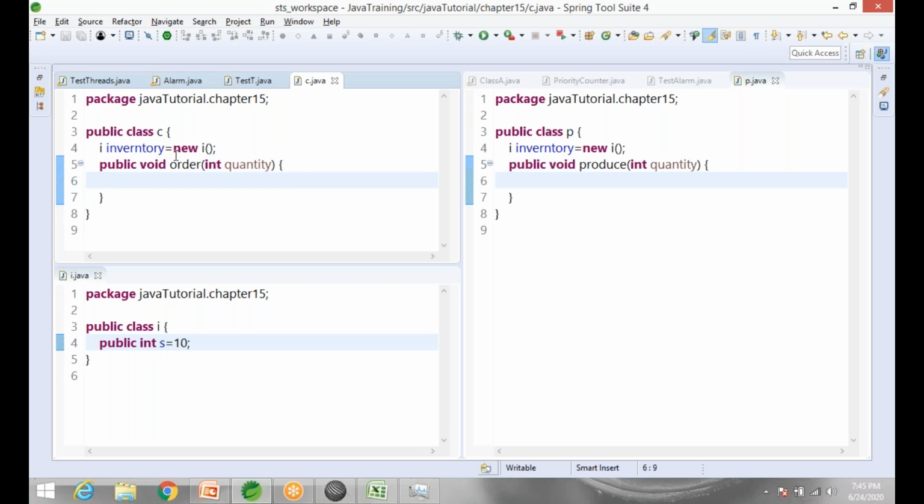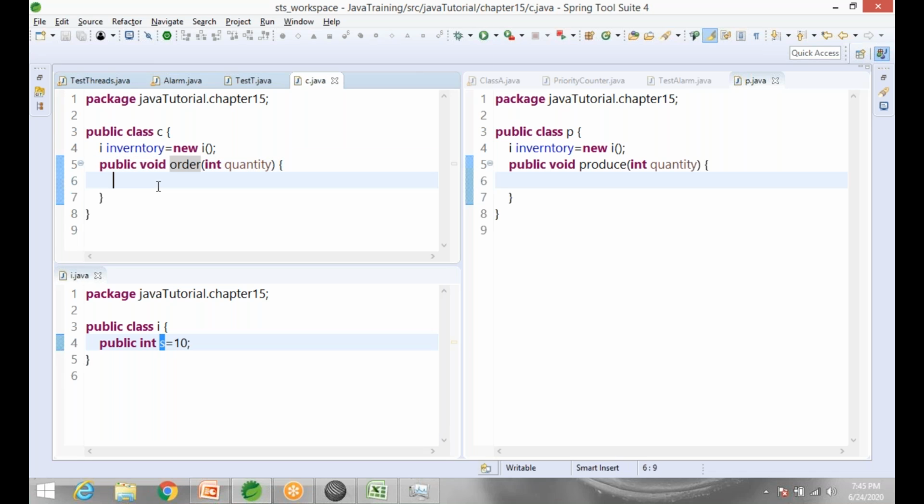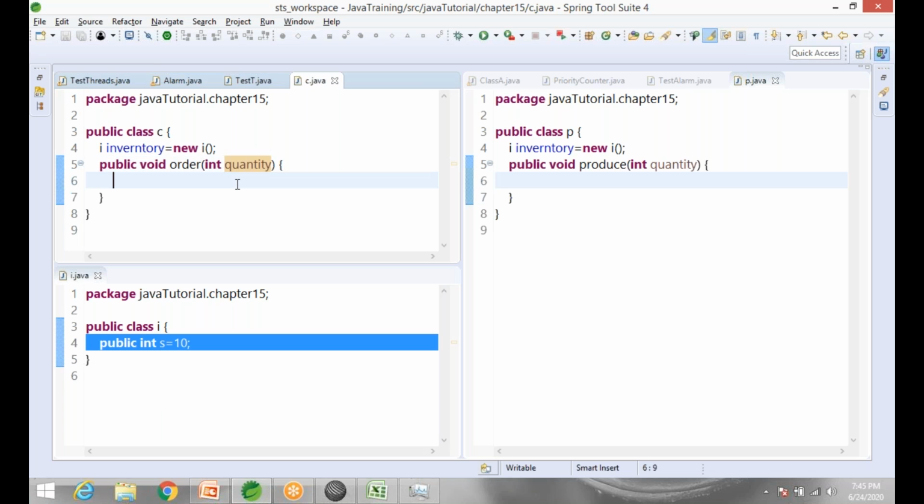Now, when you order something, how will you make a modification to stock? If someone orders 5, how do you modify this variable? Decreases.